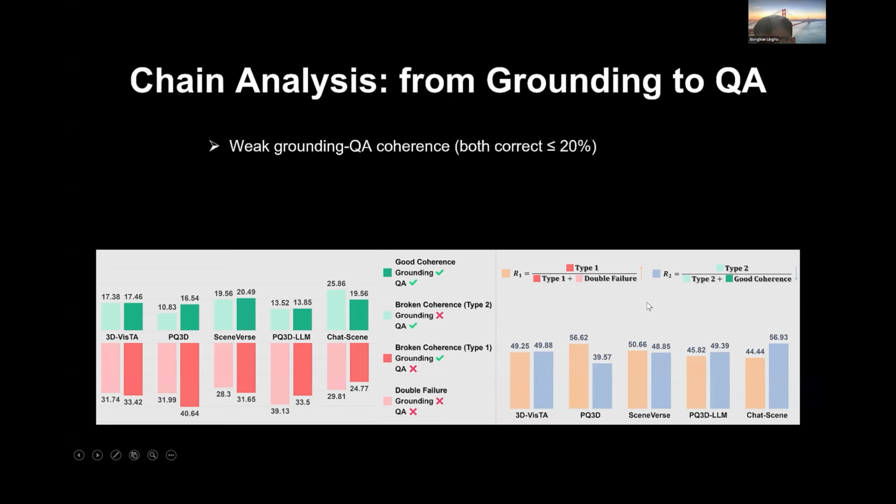There are more metrics to evaluate the grounding QA coherence: the ratio R1 and the ratio R2. A higher R1 means better coherence, and a lower R2 means better coherence.